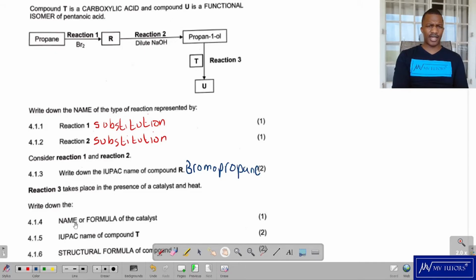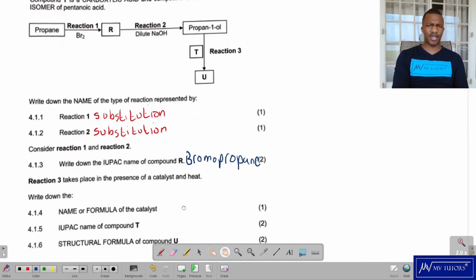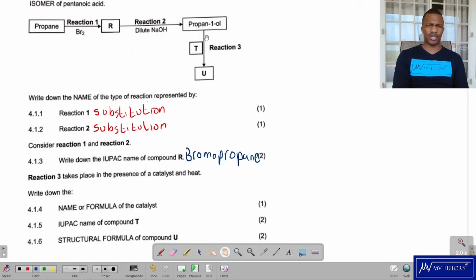Write down the name or formula of the catalyst. Okay, so this is a bit of theory that you should know. One common catalyst that we can use is what we call sulfuric acid.